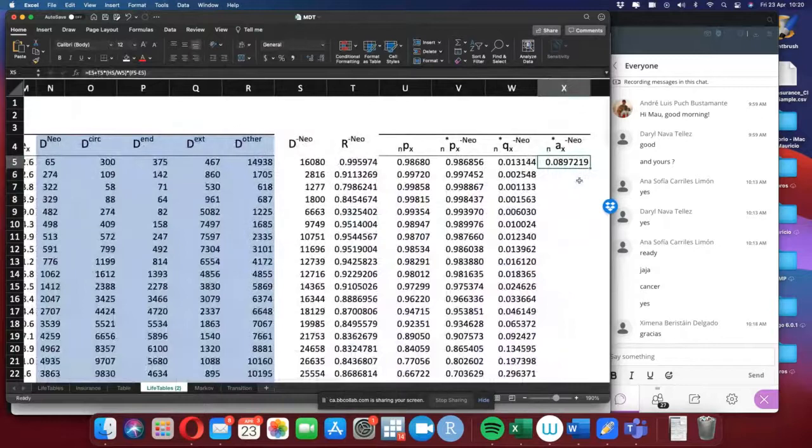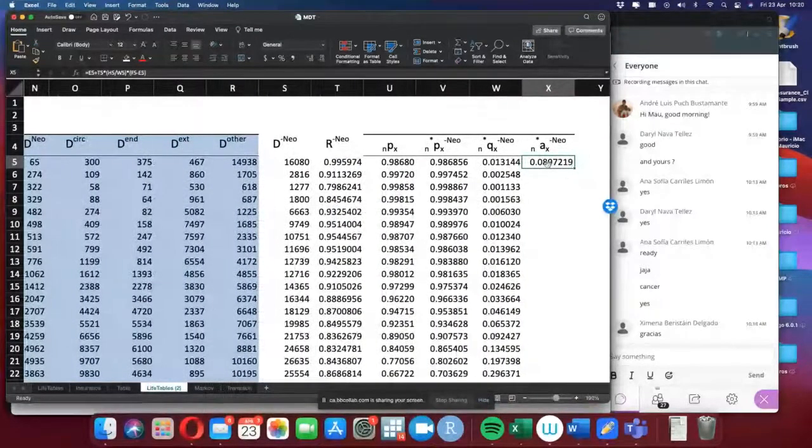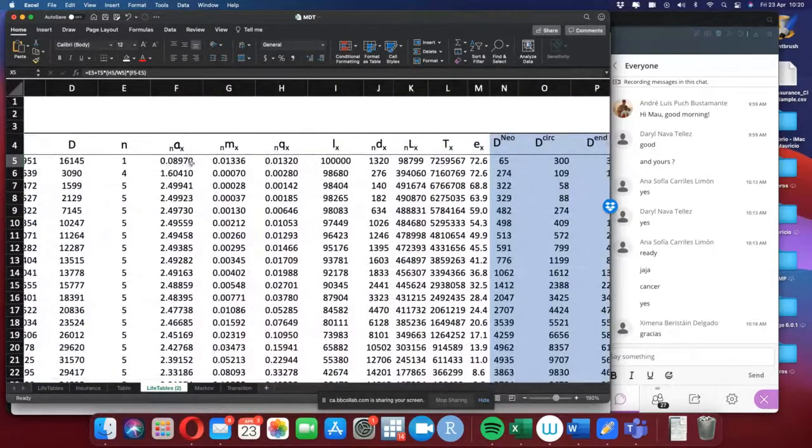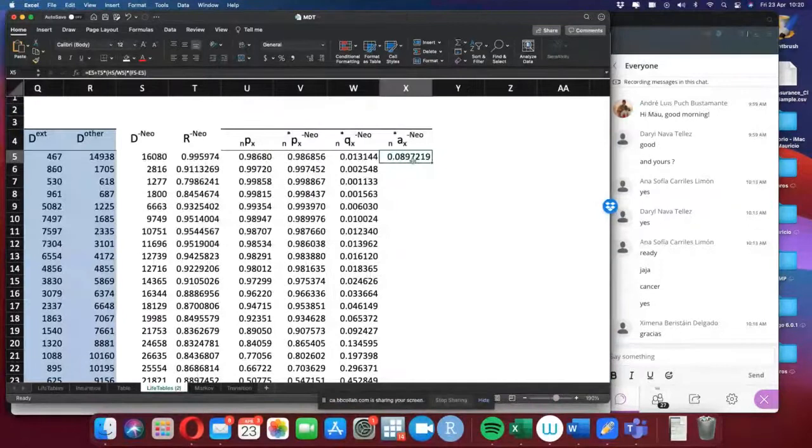Okay. And you should get values that are pretty close to the values that you originally had. So this is 0.089, 0.08970, 8972. So it's just a slight change. But we could not do this and just work with the other separation factors.